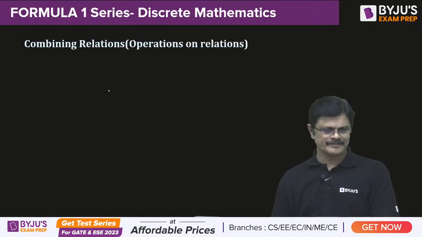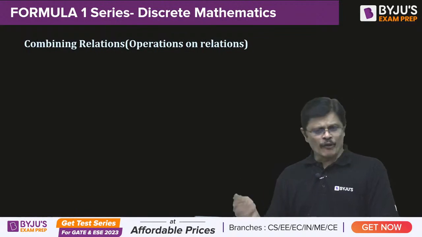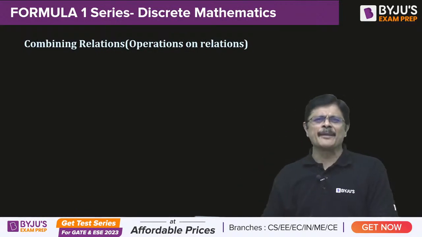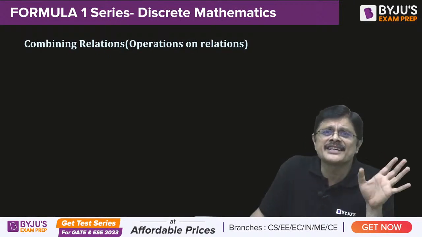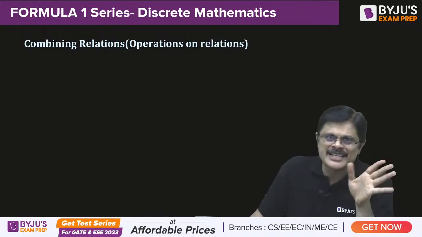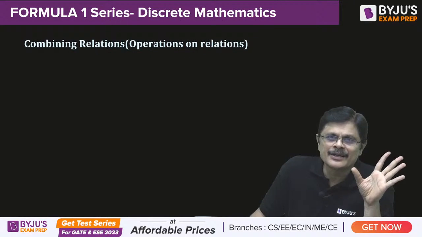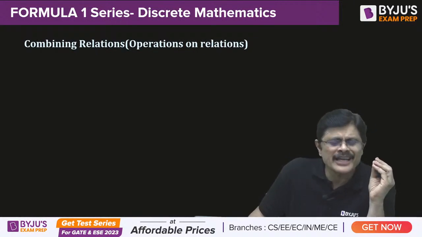Super. Straightforward result. See, if you understand what definitions I am giving, you need not waste your energy and time, sir. First thing which we need to understand is a relation is a set. Relation is a set of ordered pairs. Means it is a set. So once it is a set, you can do all the operations which you can perform on a set.